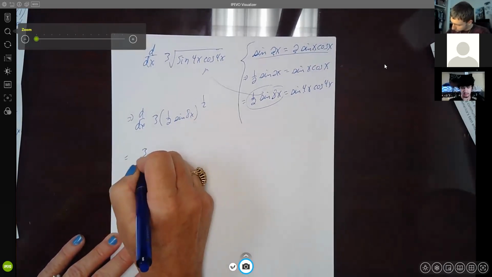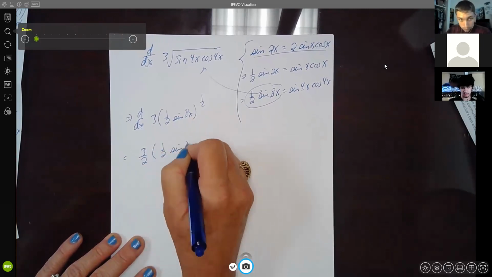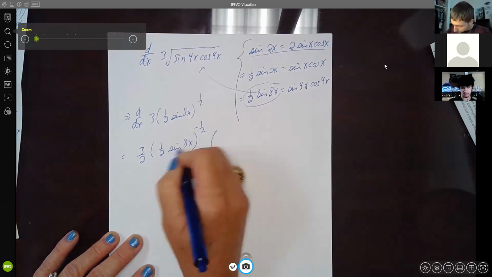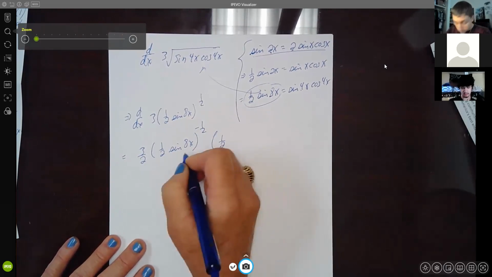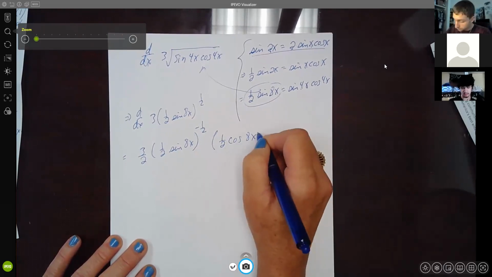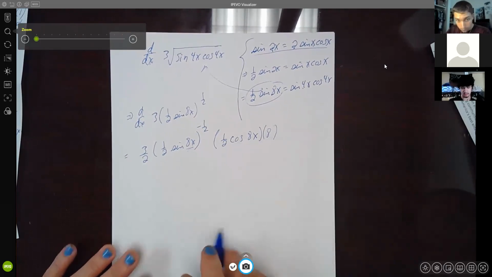Chain rule. 3/2 times the parentheses to the now negative 1/2 power times the derivative of the parentheses. The derivative of the parentheses would be 1/2, derivative of sine is cos of the angle, 8x, times, of course, the derivative of the angle, which is 8.